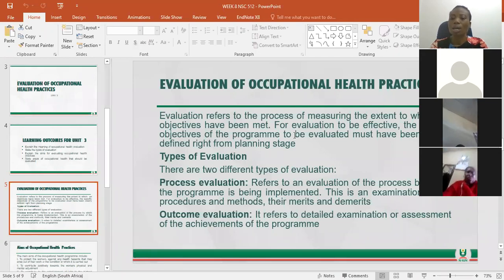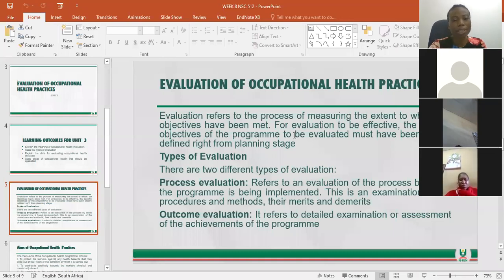What is going on? Is it achieving what you set out to achieve? And an outcome simply refers to whether you have been able to actualize or achieve or meet what you desire from the project or the program.